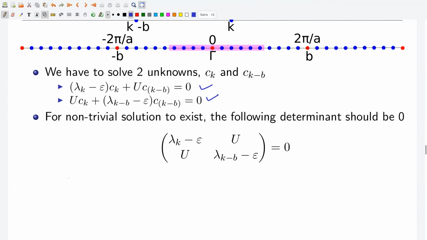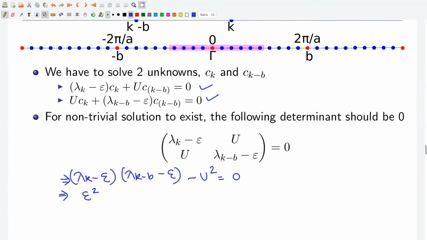So let us expand the determinant and find the solution. So (lambda_k minus epsilon) times (lambda(k minus b) minus epsilon) minus u square is equal to 0.